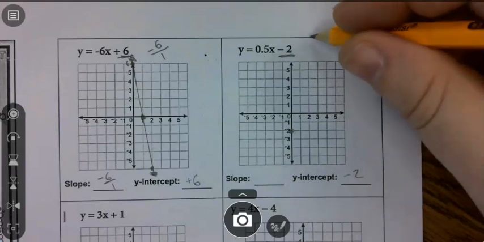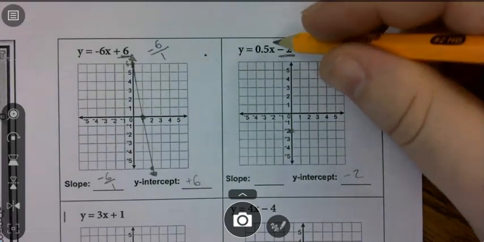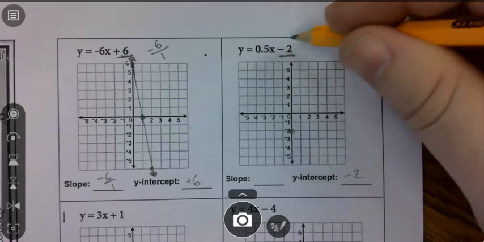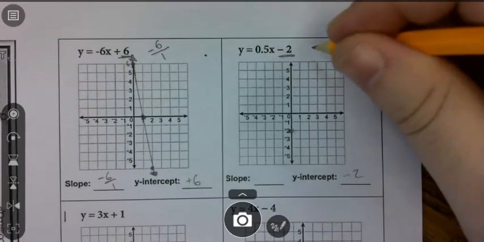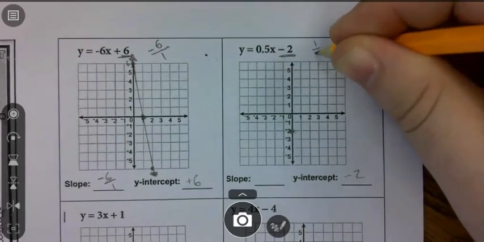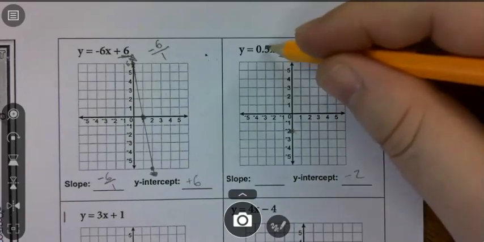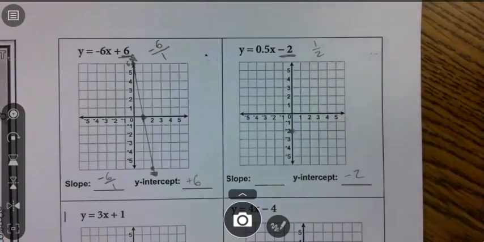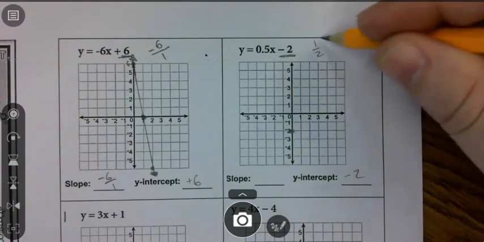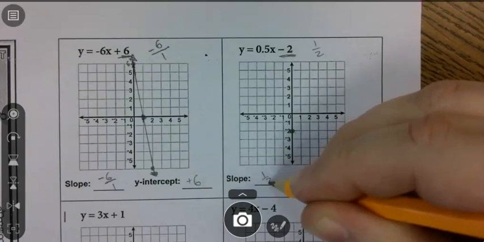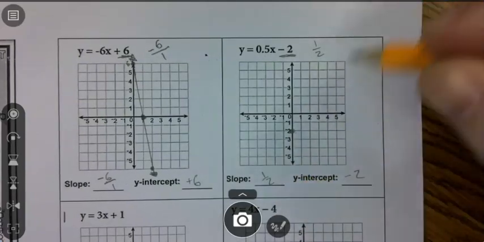Personally, I'm not a fan of decimals, but I do know that 0.5 is the same thing as saying 1/2. Okay, 0.5 is 1/2 of 1. So I can write that as a slope of 1/2, which gives me my rise over run.